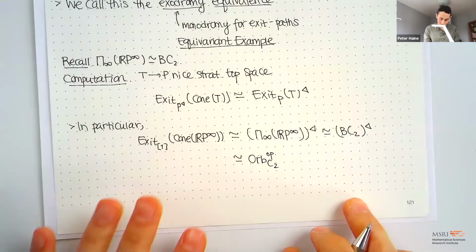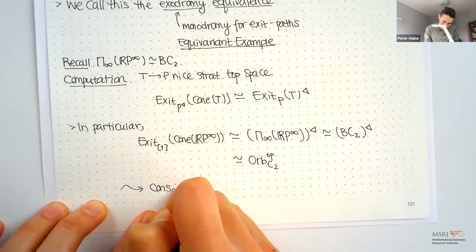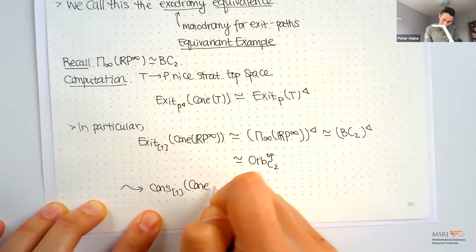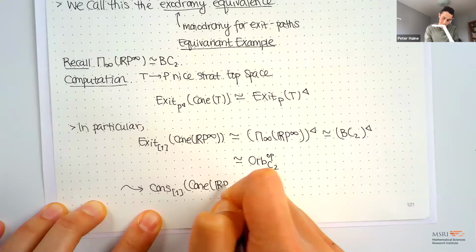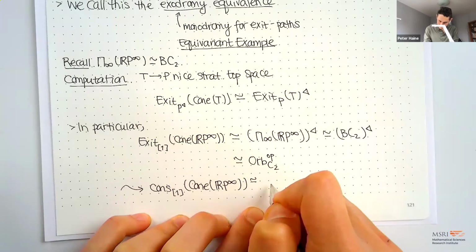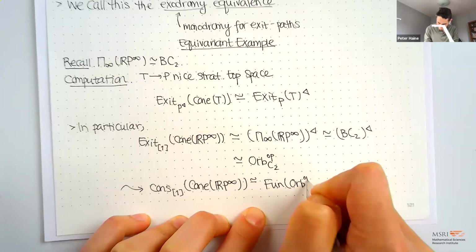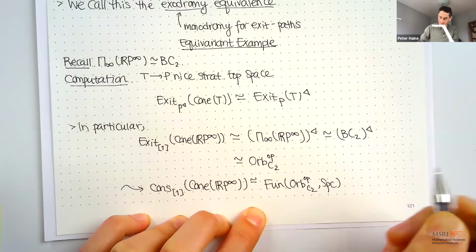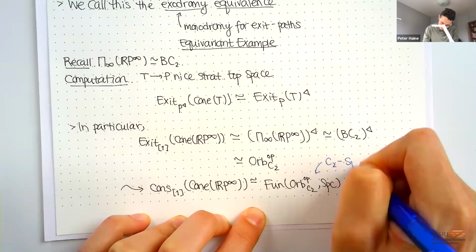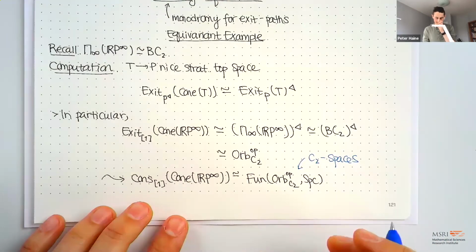So what you deduce is that if you look at constructible sheaves with respect to the stratification on the cone on RP infinity, you get presheaves on the orbit category. This is also known as C2 spaces. Of course, this isn't so specific.